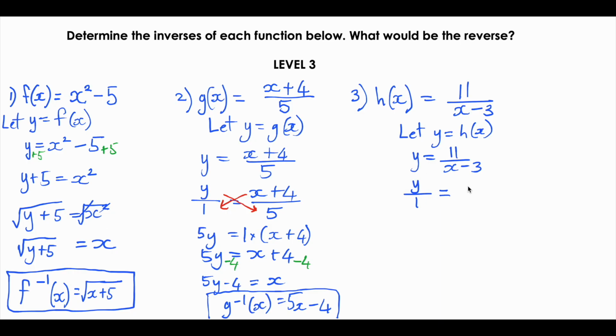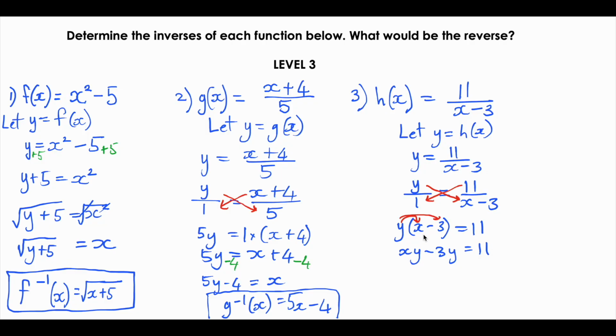So now I'm cross multiplying, so y multiplied by this and 11 multiplied by this. So what we'll end up having is y times x minus 3, which is equal to 11 times 1, which is 11. So now I have to multiply this out. So y times x and then y times minus 3. This gives me xy, and then y times negative 3 is minus 3y, which is equal to 11.